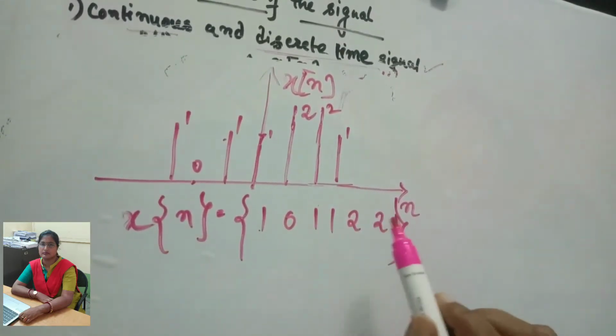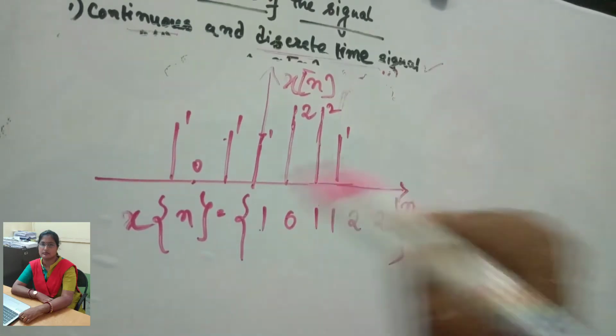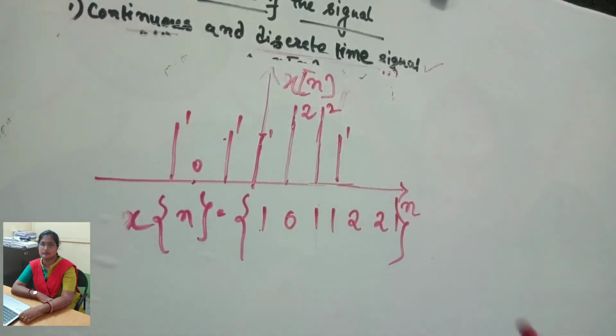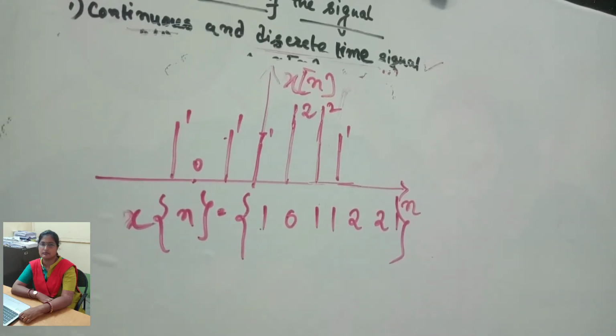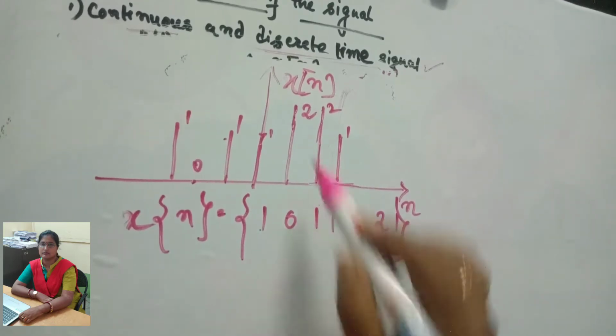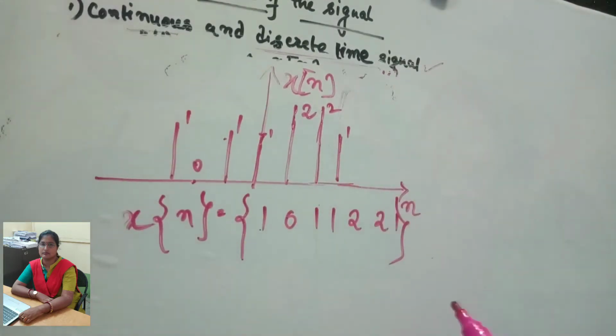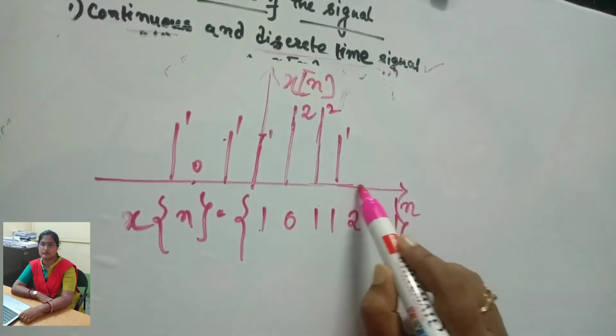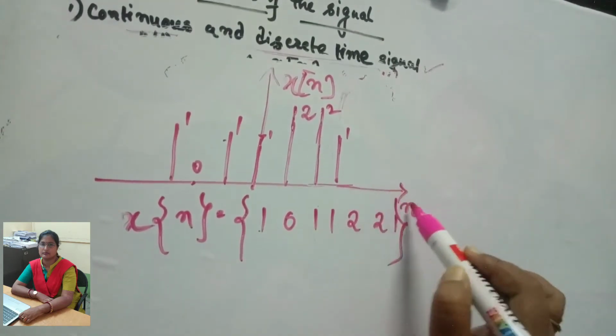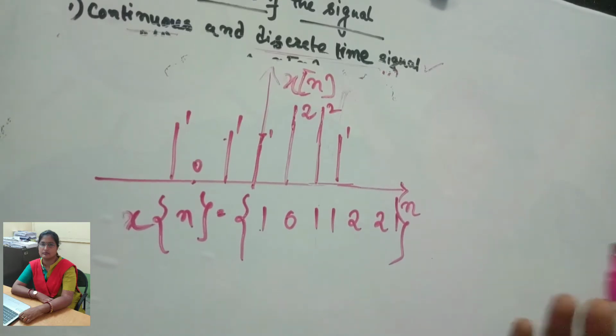But this equation is not complete. It is incomplete information. Why? Because in that equation we don't have any information about the time interval or the integer value n.